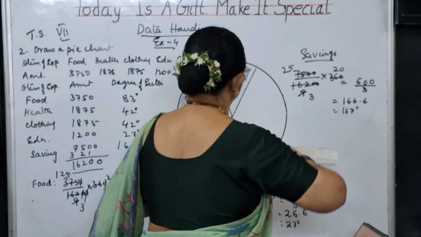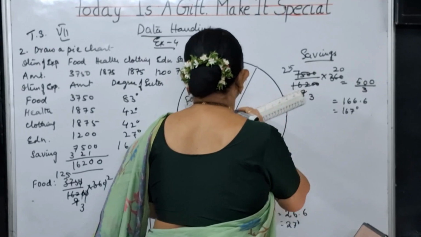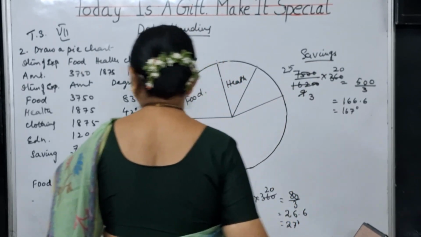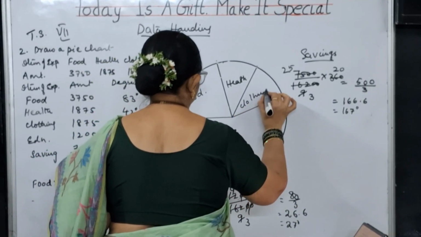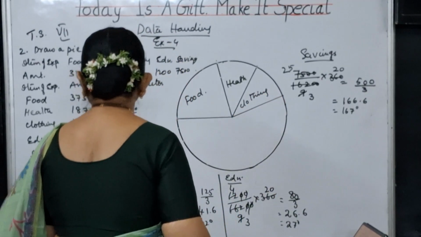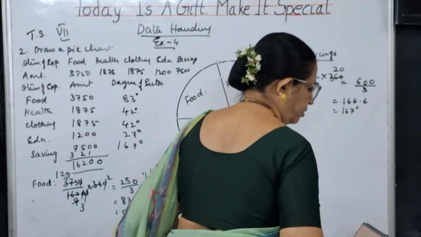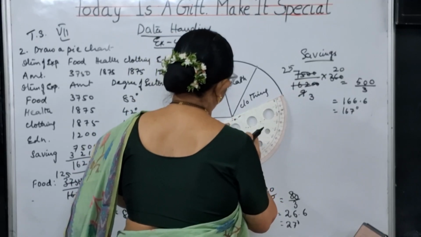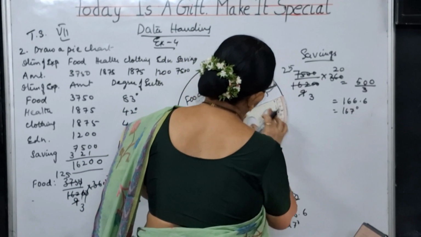So this is clothing. Afterwards 27 degrees, education. From here like this you have to keep 27 degrees.